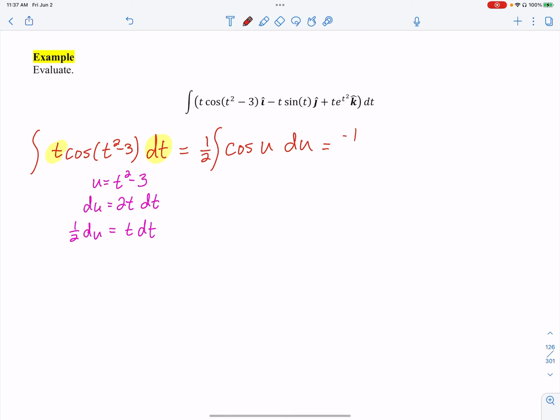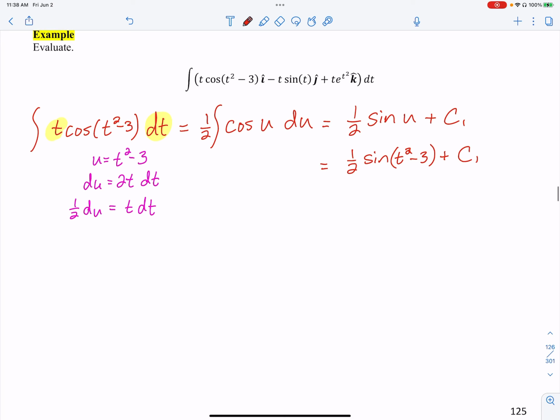The integral of cosine is sine u plus c1. We should replace u. So I get 1/2 sine of t squared minus 3 plus c1. That is my i component. Okay, so that's the first one.